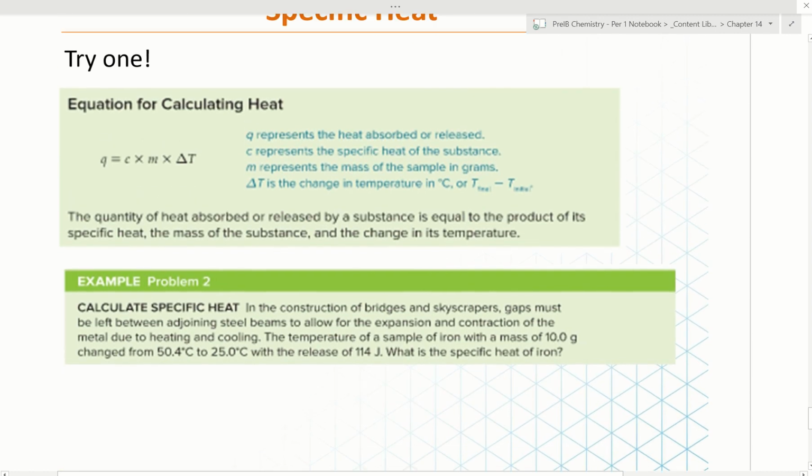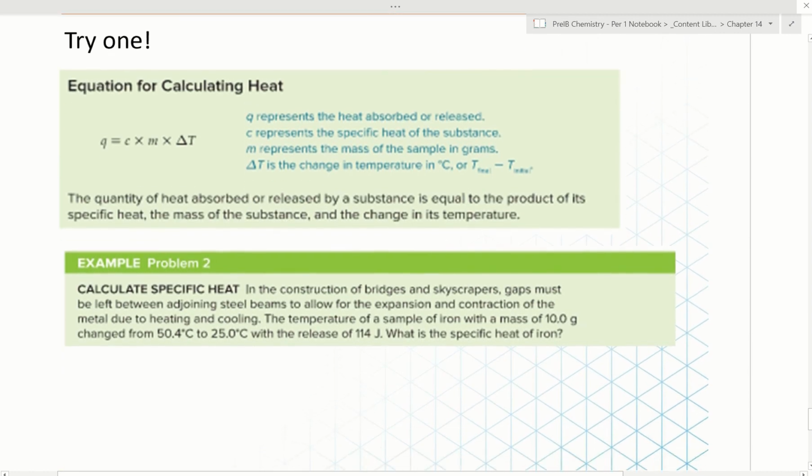So let's calculate through one so you can see how these are done, and then you can try some on your own. It says in the construction of bridges and skyscrapers, gaps must be left in the steel beams to allow for the expansion and contraction of metal due to heating and cooling.